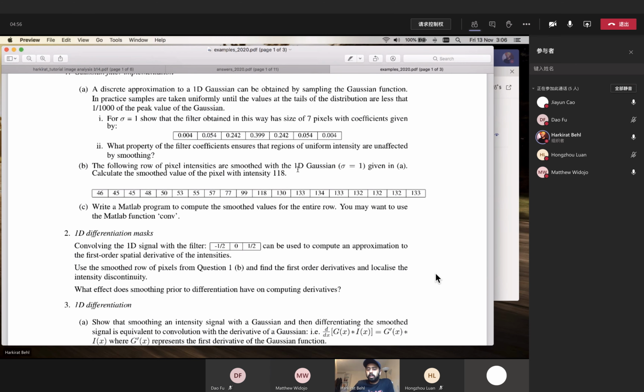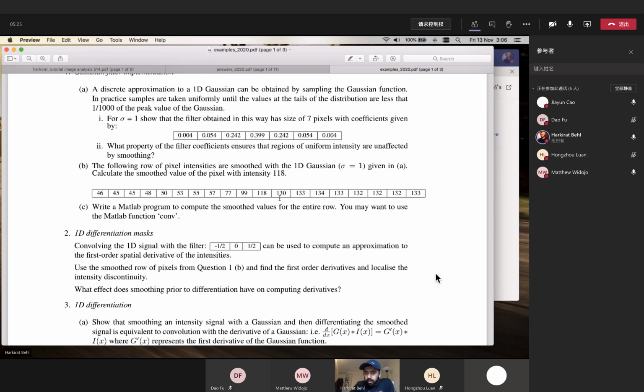So this is just applying the 1D Gaussian on the values in A. And then it asks what will be the smooth value of the pixel with intensity 118. So you use this filter and just apply it. You basically have to multiply these values and put the filter on top of the signal.